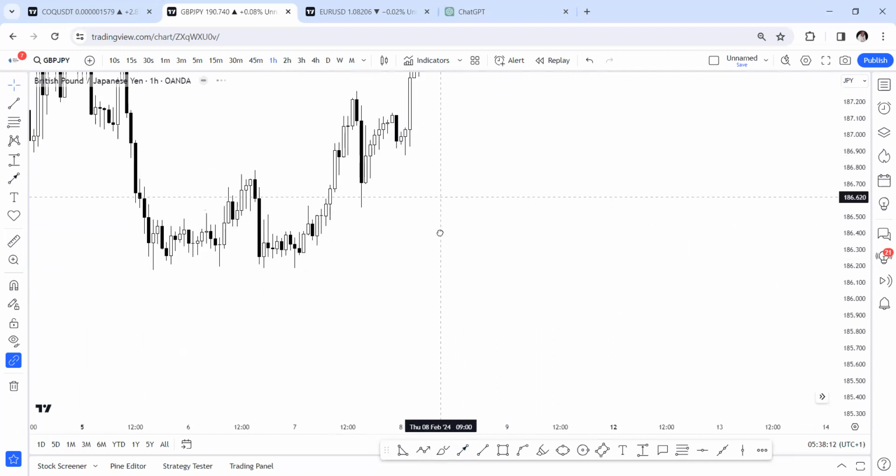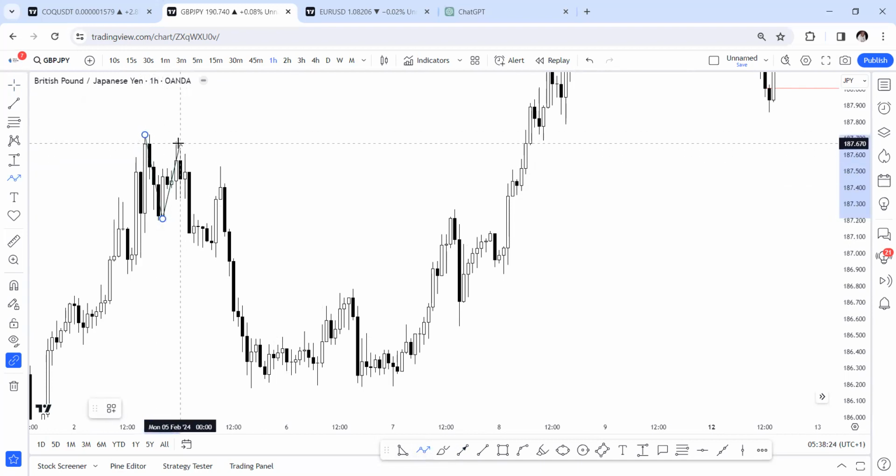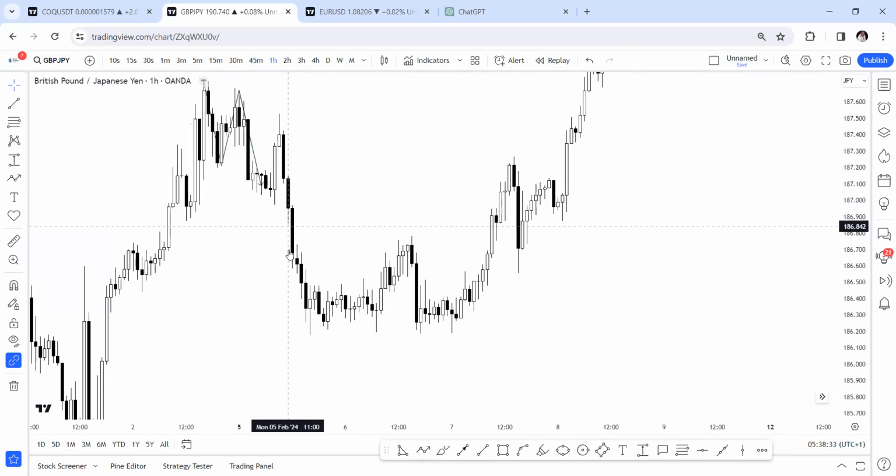So you can see that we have a range. For example, here we have this range that can help you to note when there is going to be a possible reversal at the up move and down move. It's not taken out, price moves down. This is taken out and price moves down.